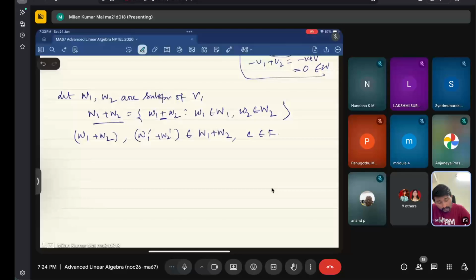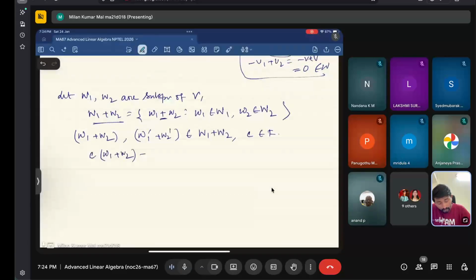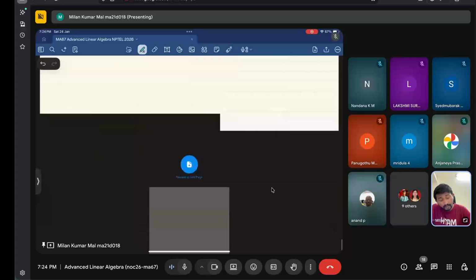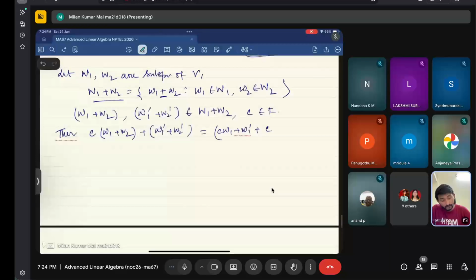So what do we have to prove? C of (w1 plus w2) plus (w1 dashed plus w2 dashed): the question is whether this is in W1 plus W2 or not. This is the main thing we have to check. This equals C w1 plus w1 dashed, because of the distributive property, and C w2 plus w2 dashed, again because of the distributive property.